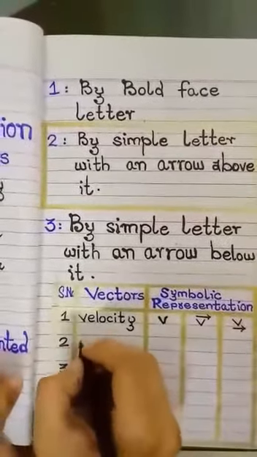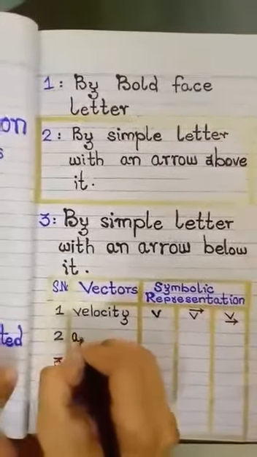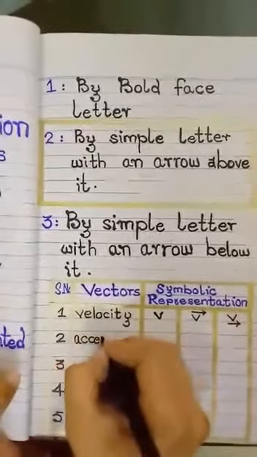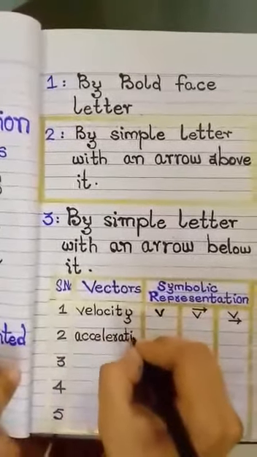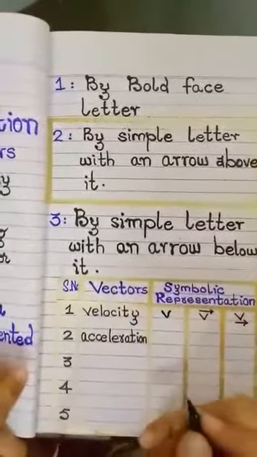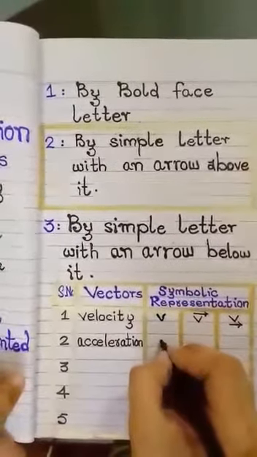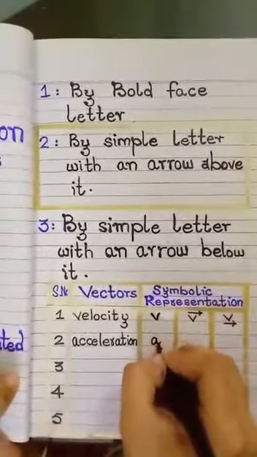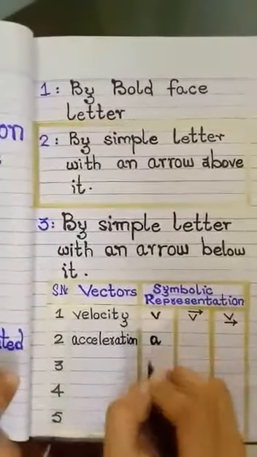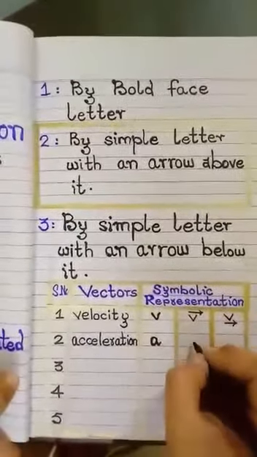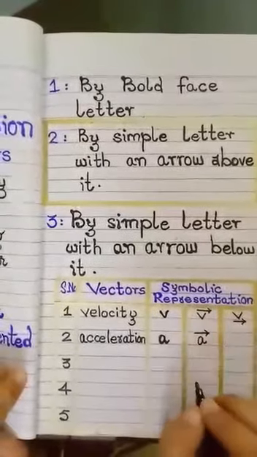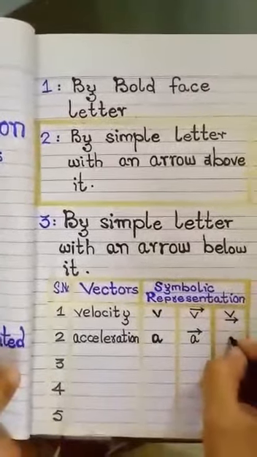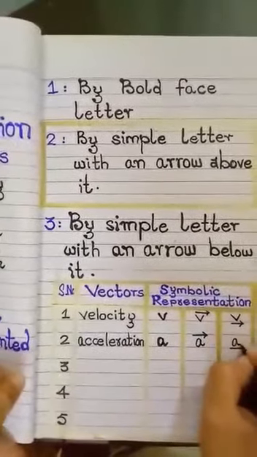Another example of vector is acceleration. Acceleration can either be represented by a bold face letter A, small a, or by using a simple A with an arrow over it, or by using a simple A with an arrow below it.